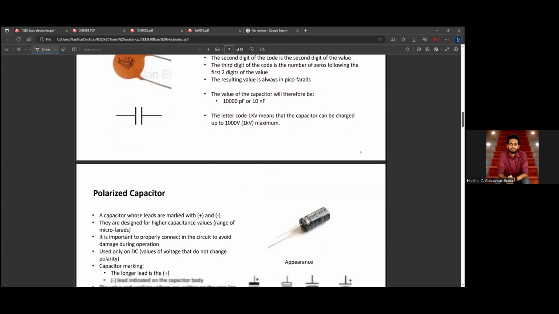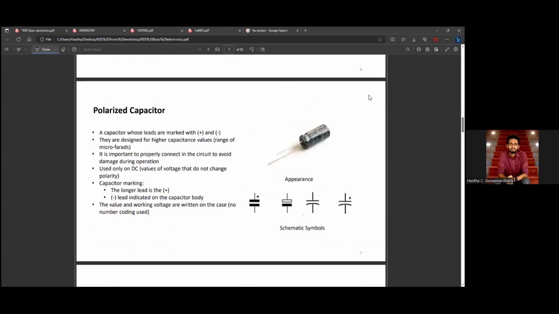Okay. So then we are going to the polarized capacitor. Here we have polarization, which means we have plus and minus terminals. In these types of capacitors, the minus terminal is marked here with this strip.